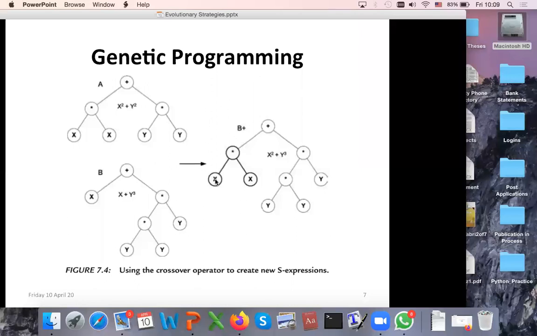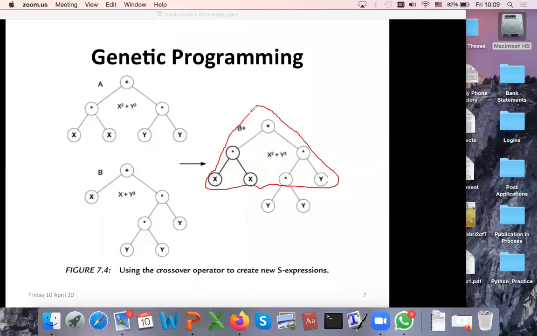Maybe I can use this annotation tool, which would elaborate the things clearly. So this is your A tree, and this is exactly my A tree in B plus.